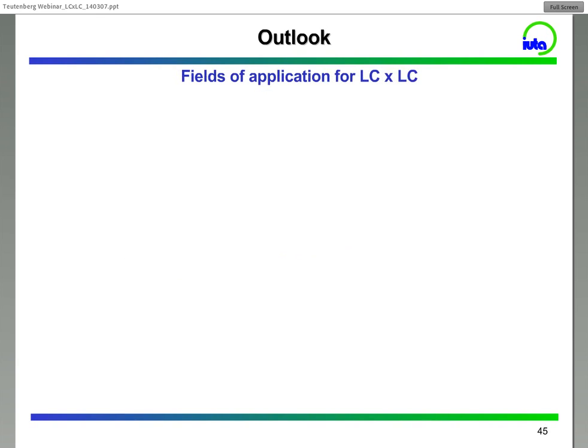So of course there are other fields of applications for LC times LC. If you're a little bit familiar with this technique, it is very strong in the field of polymer analysis, especially the group of Professor Schoenmakers of the University of Amsterdam have used this technique, I think 10 or 20 years ago, for polymer analysis, where you usually combine size exclusion or gel permeation chromatography with reverse phase chromatography, so it's very well established.